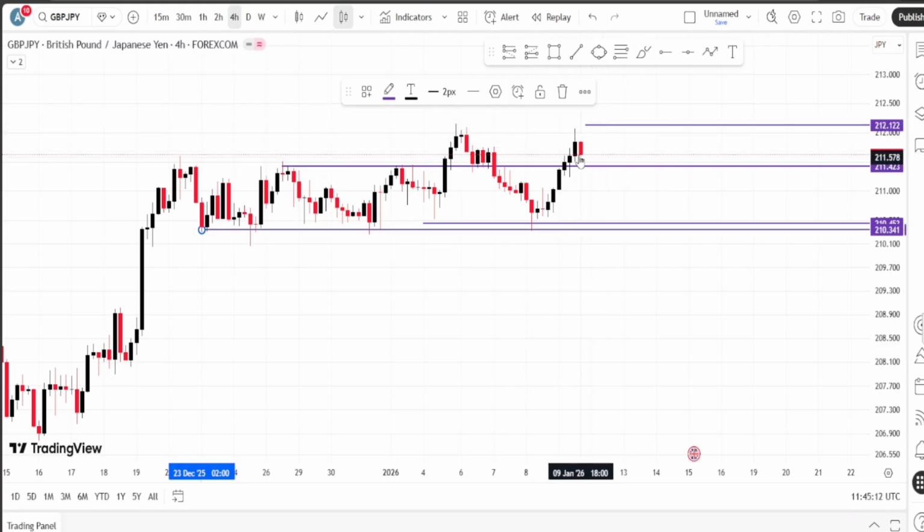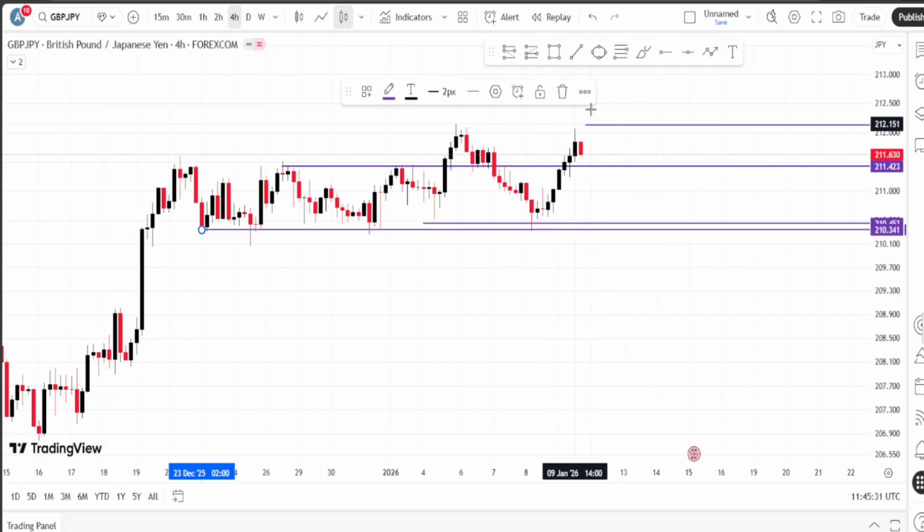So I would rather prefer that price gives me a sell from that 211 to 210. That's 100 pips or more than 100 pip range. So that is a risk worth taking rather than trying to go for 30 or 40 pips.